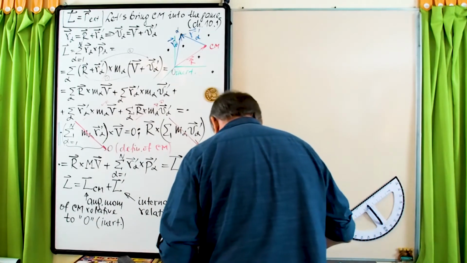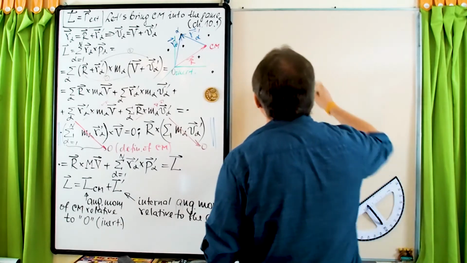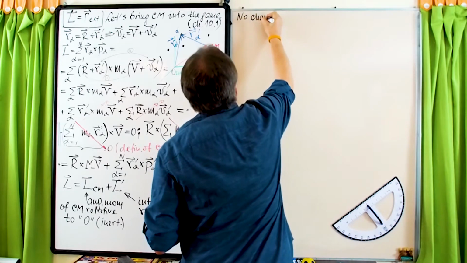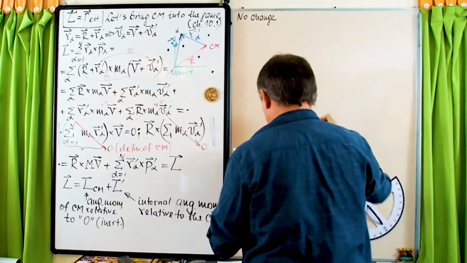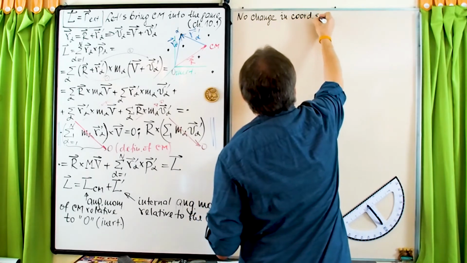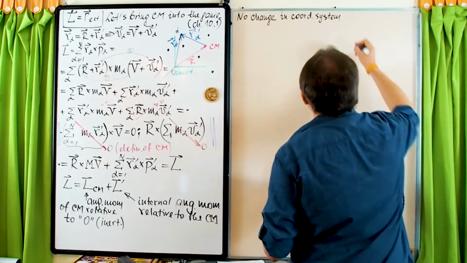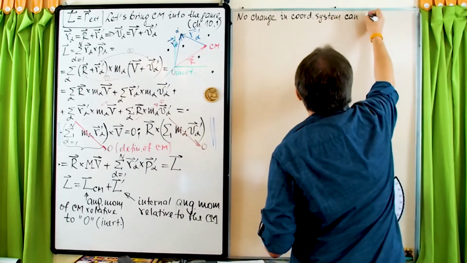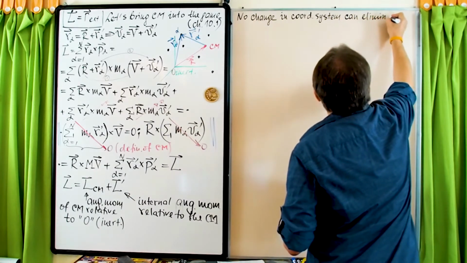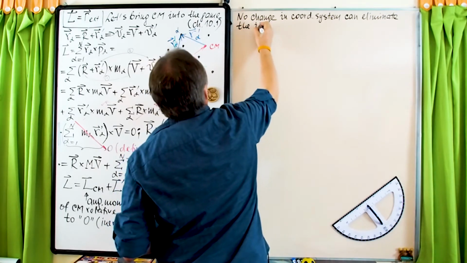Right. So let me write that no change in coordinate system can eliminate spin, or internal angular momentum, can eliminate the internal angular momentum.